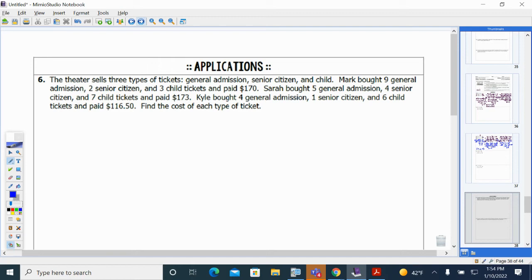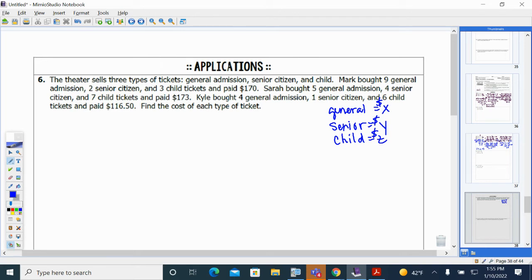So I'm going to put general as my X, and then senior citizen as my Y, and then child as my Z. And again, what you're trying to find here is the cost of each type of ticket. So this represents a dollar amount.